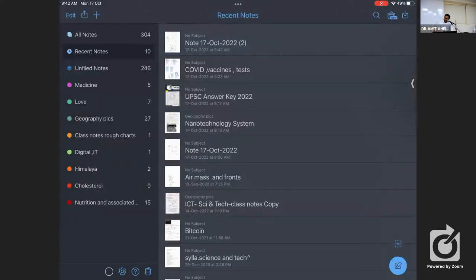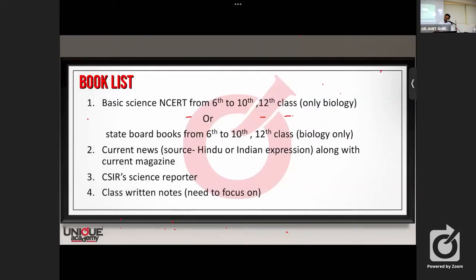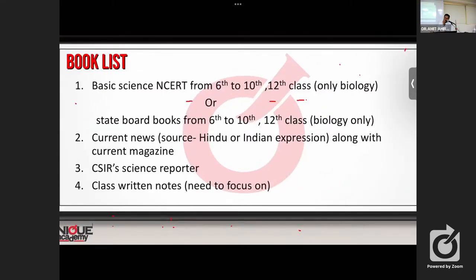Okay, so something like this, ठीक है? Basic science NCERT from 6 to 10, 12th class का biology or state board books are enough. Current news, Hindu or Indian Express, whatever the current news you come across in these particular newspapers, those news would be enough.